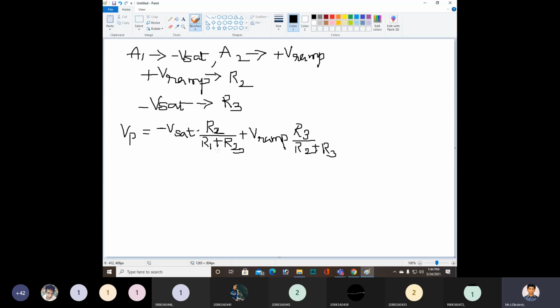This is the R3, this is the R2. Okay, now we need to simplify the expression. Here we are getting plus V ramp by R2 equals minus V saturation by R3.